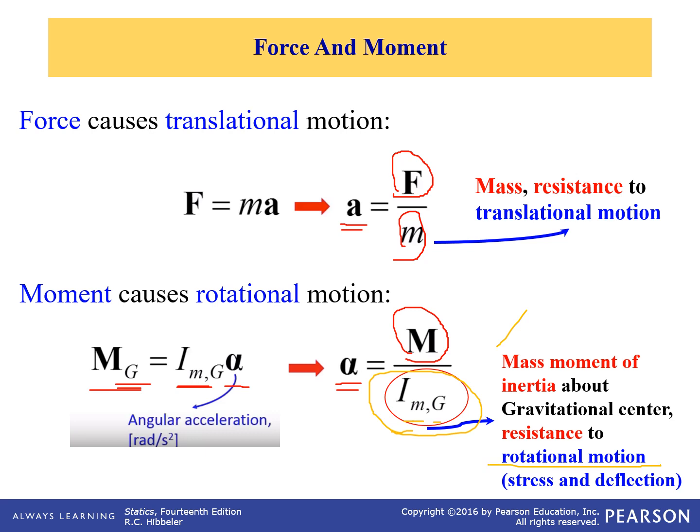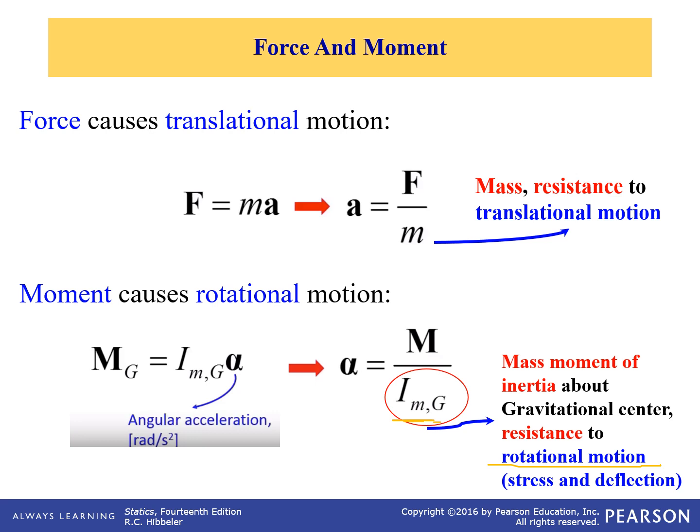For structural designs, the resistance to rotational motion means the resistance to stress and deflection. Here the subscript m means moment of inertia about mass, or mass moment of inertia, because we're going to also learn the area moment of inertia. To distinguish between those two, the subscript m indicates the mass moment of inertia.